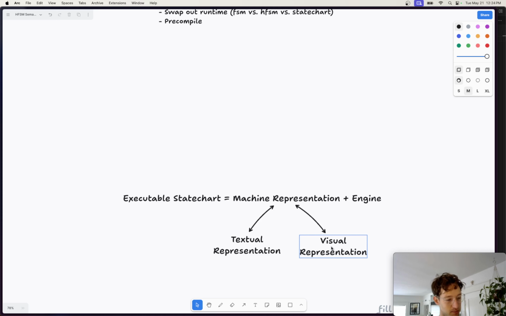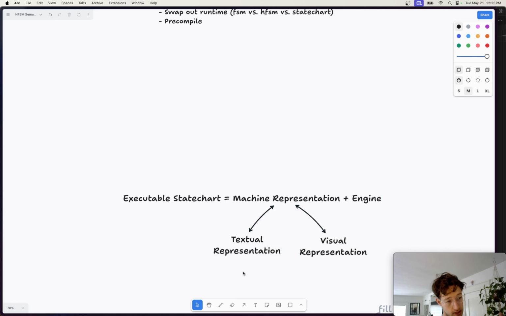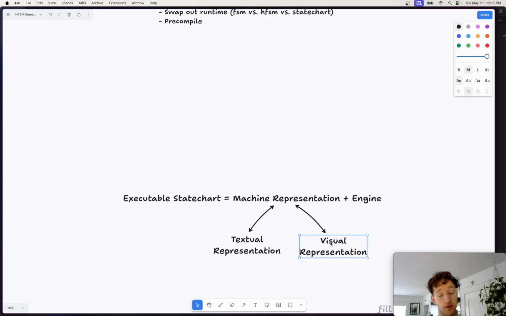Typically that's mapped to some machine representation and or textual representation, so there are these bidirectional arrows that go both ways. This is how StateML is architected, where there's a predefined grammar that I walked through before, and then that is compiled to some machine representation that can be used by the engine, or transformed into a visual representation that someone can both interact with and author.